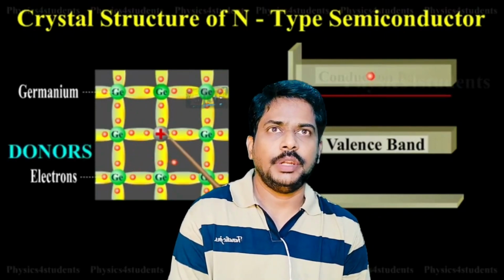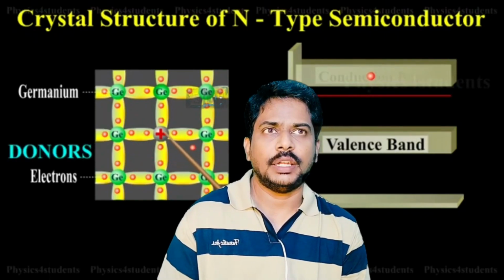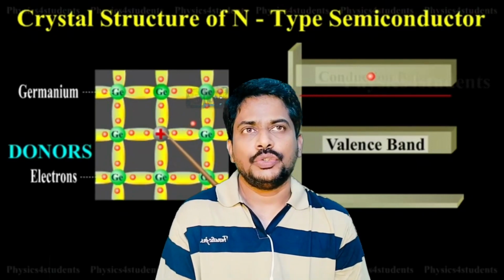So we create an intermediate level between the valence band and the conduction band. Jumping from the valence band to the conduction band requires a lot of energy, so we are creating another intermediate level. We call it either a donor level or an acceptor level, depending on the type of material, n-type or p-type.